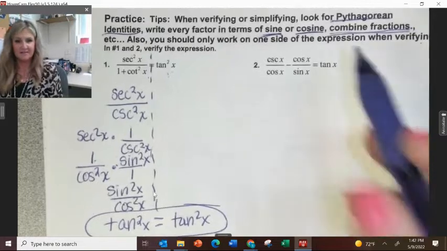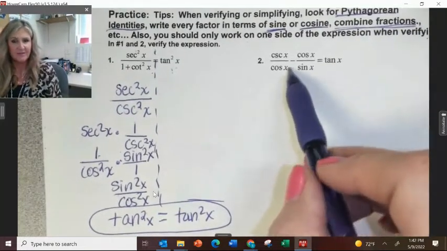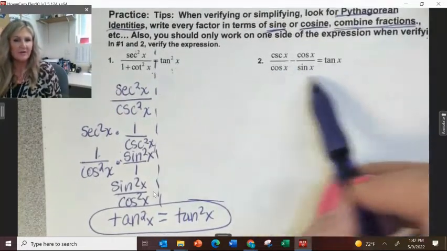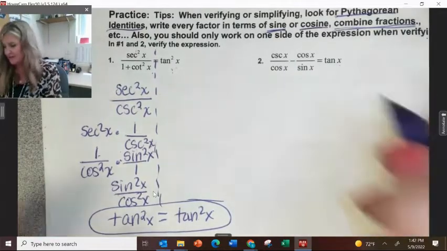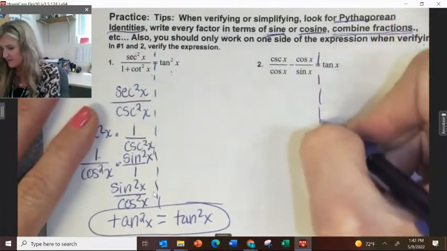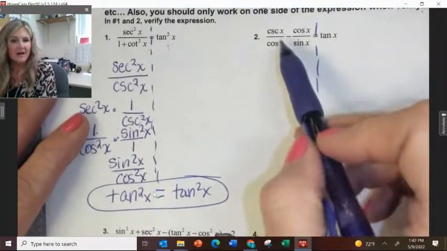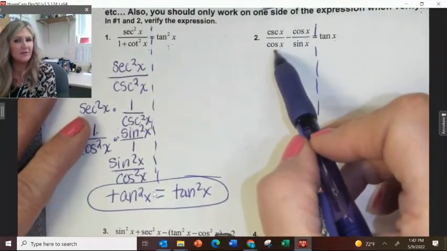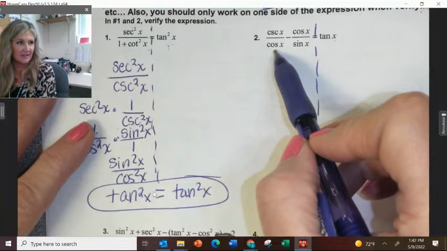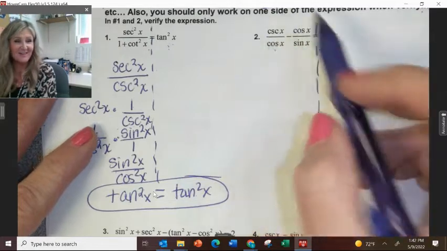All right, guys, let's look at this next one. Which side are we going to work with, left or right? Left. All right. Is cosecant over cosine the same as anything? No, it's not.